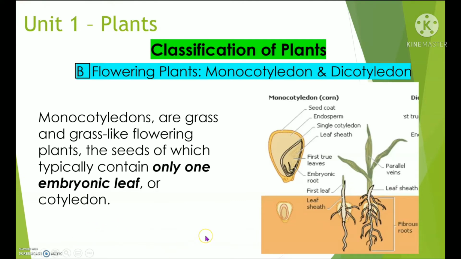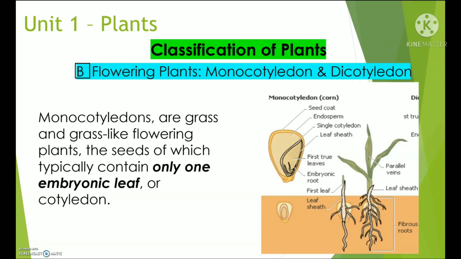Okay, the first type that we are going to talk about is the monocotyledons. Everybody repeat after me. Mono, coty, ledons. Monocotyledons. Very good. Now let's continue the paragraph. Repeat after me.